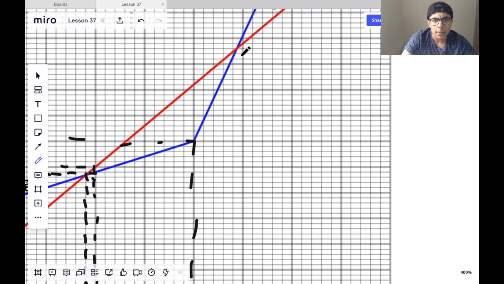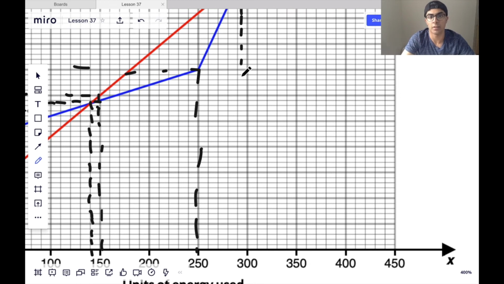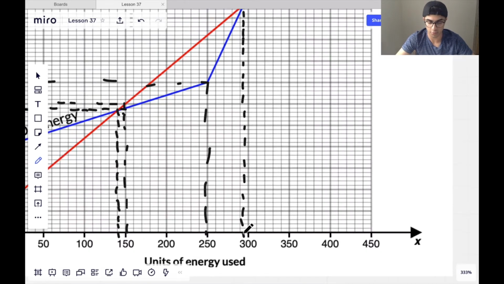That looks like midway between, so halfway between these two. So you say approximately it's halfway, right? And that's 295, because there are 5 of these, and so that's 260, 270, 280, 290, and then half again of 10, so 295.